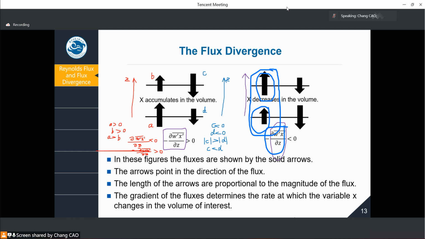But because there's a minus sign here, the net effect is that it should be smaller than 0. This is called divergency, and divergency leads to x decreasing. So x becomes decreased.